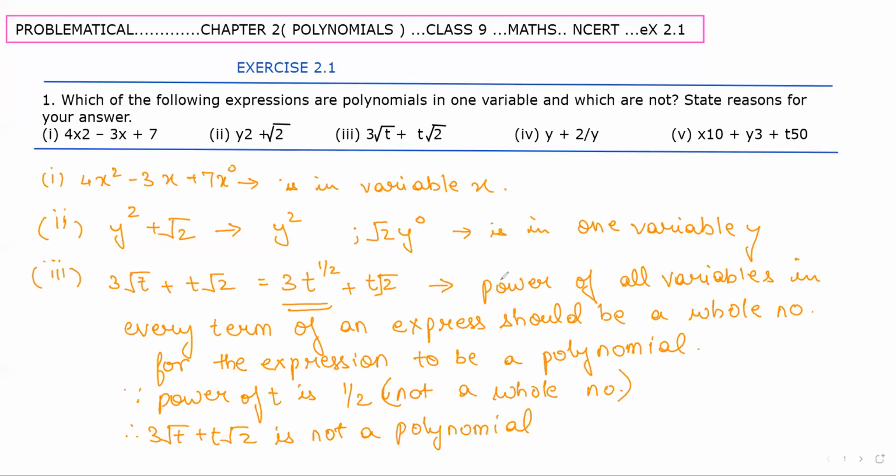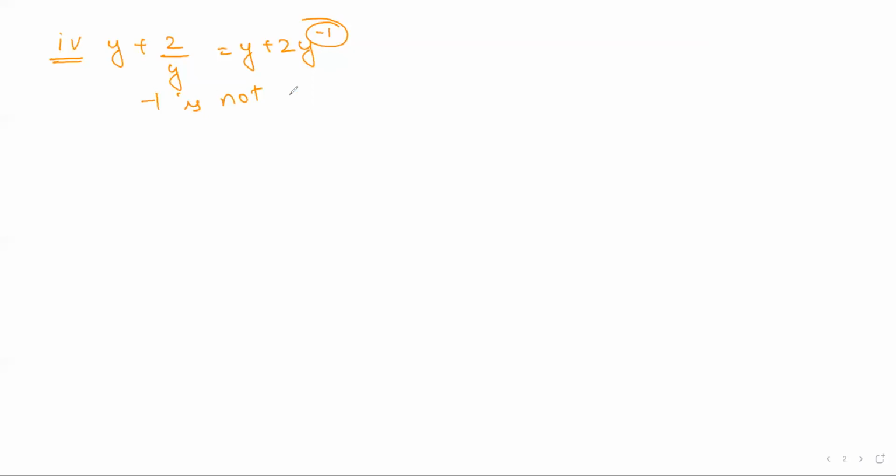You have to write the same words, the power of all the variables, and then the power is, instead of 1 by 2, you will write minus 1 for y, since minus 1 is not a whole number. Therefore, y plus 2 upon y is not a polynomial. Instead of just writing polynomial, you can also write polynomial in one variable.